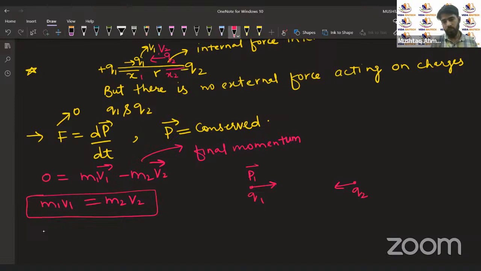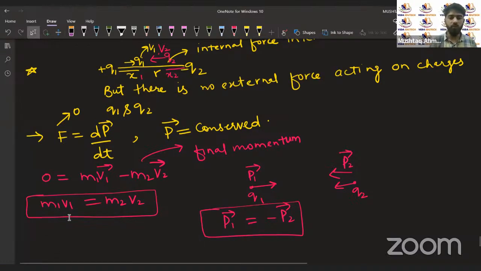Suppose this has momentum p1 in this direction, and this will have momentum p2 in this direction, right? So we can say that the p1 vector will be equal to minus p2 vector. So this is the law of conservation of momentum.